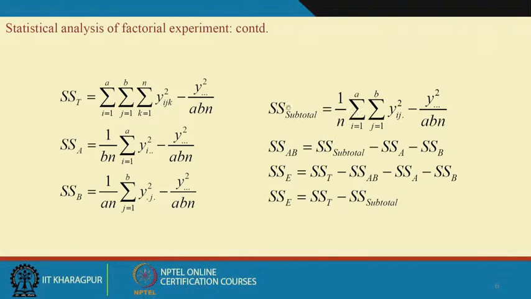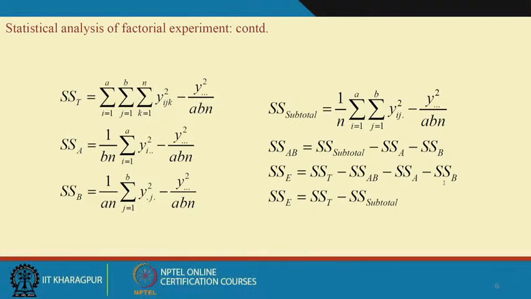But then another one is SS subtotal, which is based on the cell totals. Those cell totals will be considered, their squares summed and divided by n, the number of observations in every cell, and then subtracted by the correction factor; it will give you the SS subtotal. This SS subtotal will be used to compute SS interaction, which is basically SS subtotal minus SSA minus SSB. Then SSE will be calculated using the subtraction method.